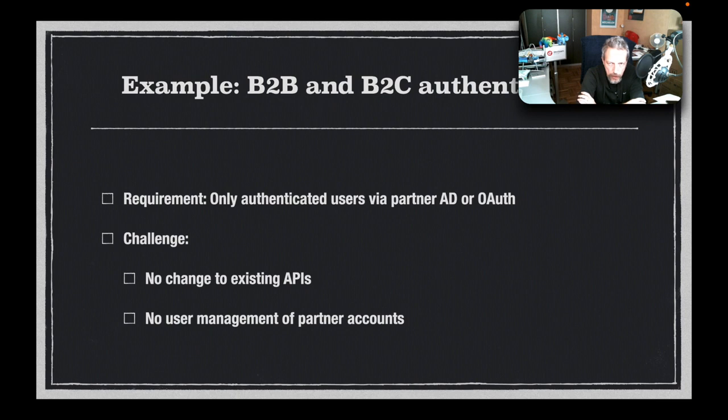Also, if you use federation services with Azure AD, there is no management on your behalf for the users of your partner accounts. So a lot more benefits than meets the eye.